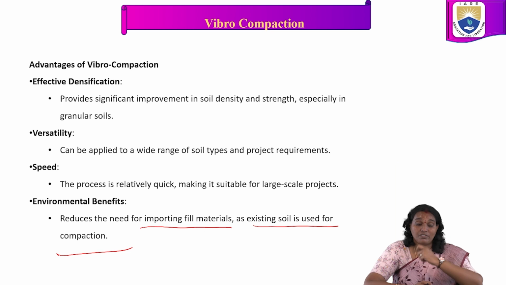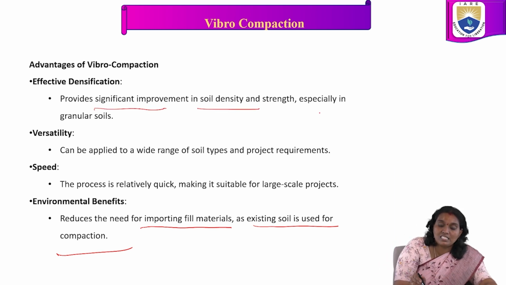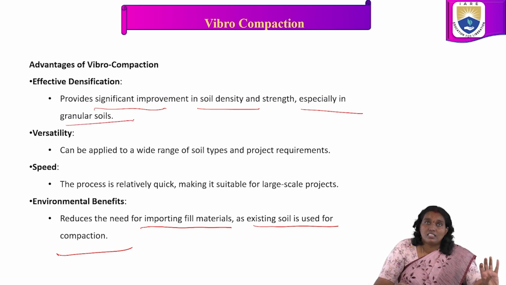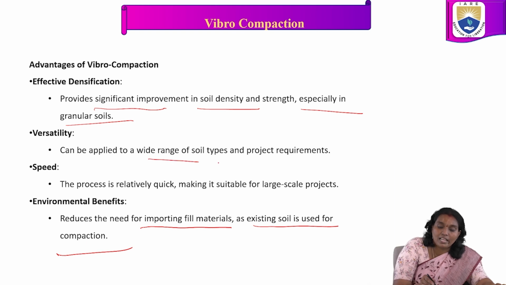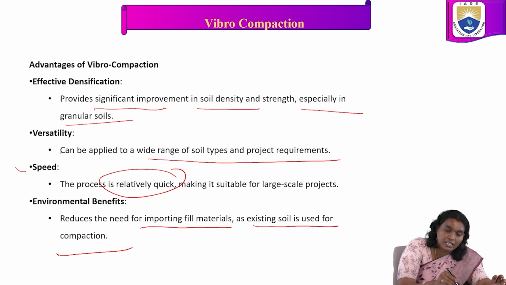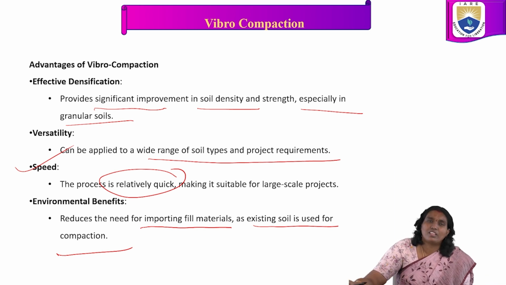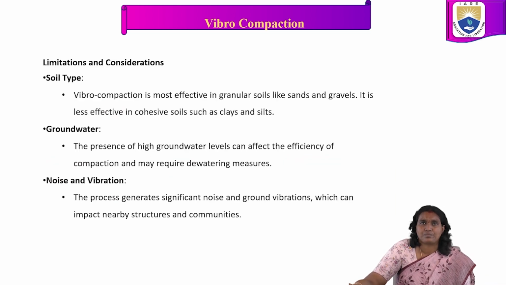Effective densification provides significant improvement in soil density and strength, especially in granular soils. Versatility means a wide range of soil types and project requirements. The process is relatively quick, which comes under speed. These are some of the advantages of vibro compaction.